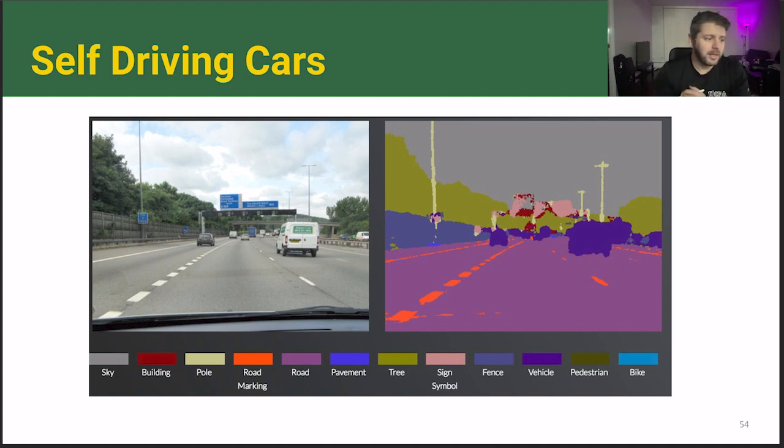So, for example, if there's another vehicle in front of you and it's designated by the specific color, and it becomes dangerous, then the model would know, okay, I need to take this action in order to not cause an incident, to not cause a crash, for example.